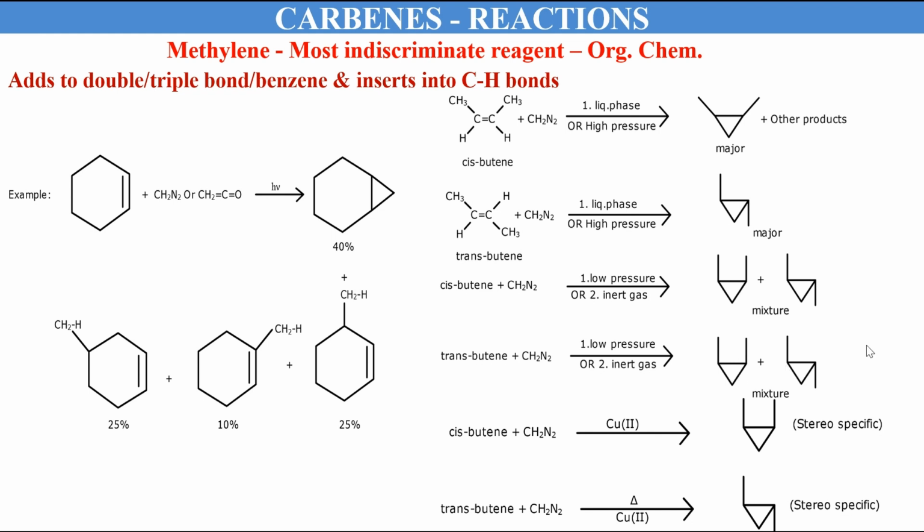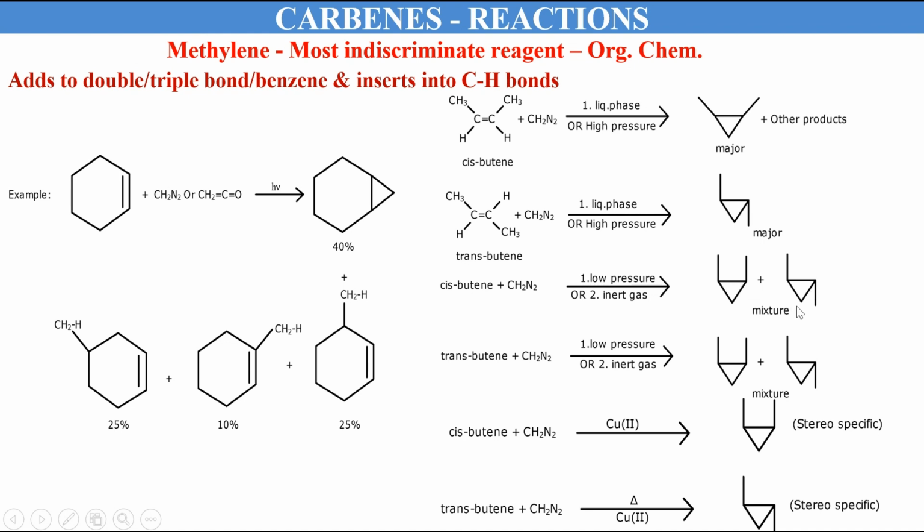Here some amount of selectivity is achieved. When high pressure is there, the configuration is retained. When low pressure is there, the mixture of products, the inverted product and the retained product, will be formed in equal amounts.